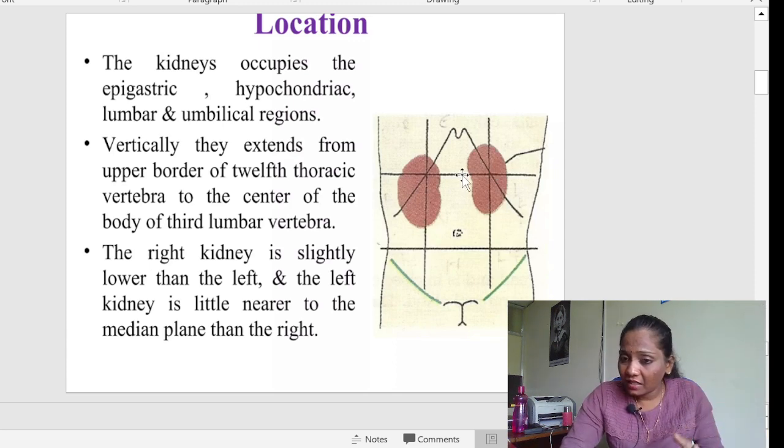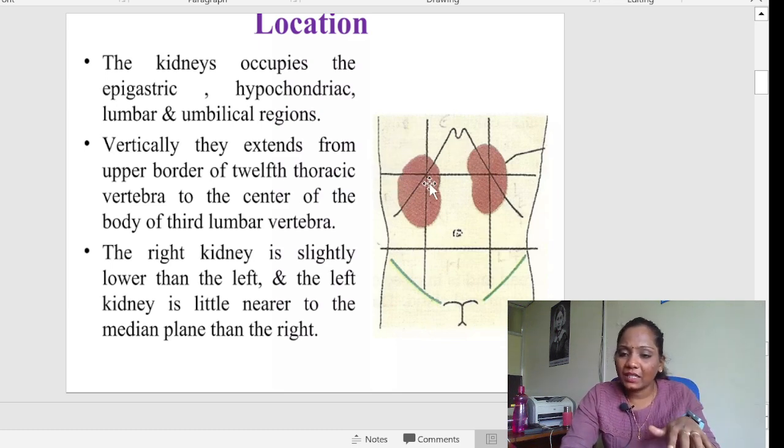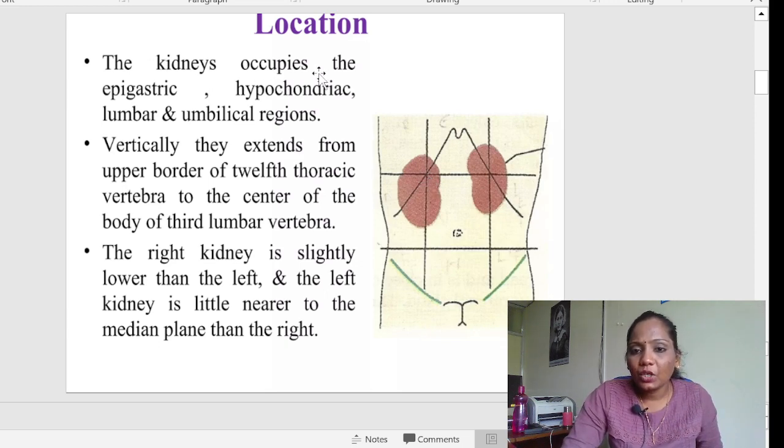Here the same thing: you can see the right kidney is slightly lower than the left kidney, because the largest and heaviest organ, the liver, is occupying that side and pushing the kidney a little downward. So the kidney occupies the epigastric, hypochondriac, lumbar and umbilical regions, a total of 4 areas.